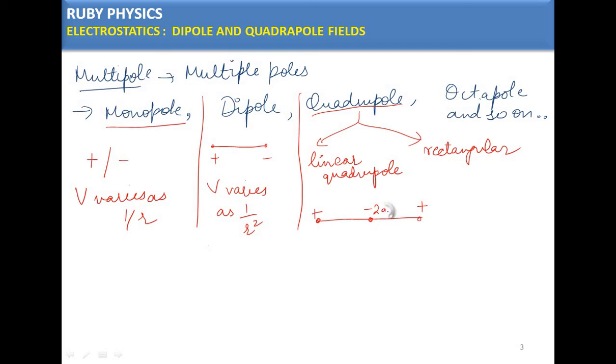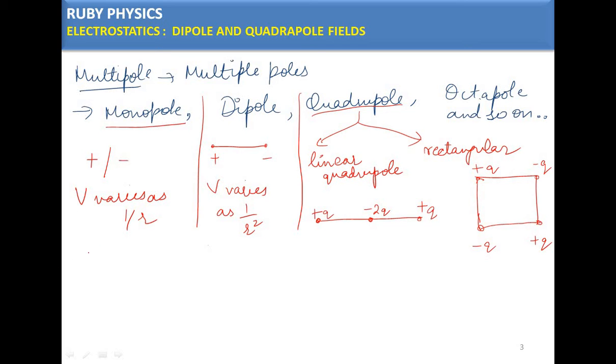Here two charges will be at one point, then the remaining two will be at the ends. This is the linear quadrupole, and a rectangular quadrupole will have four charges at the four corners of a rectangle. That's why it is called a rectangular quadrupole.